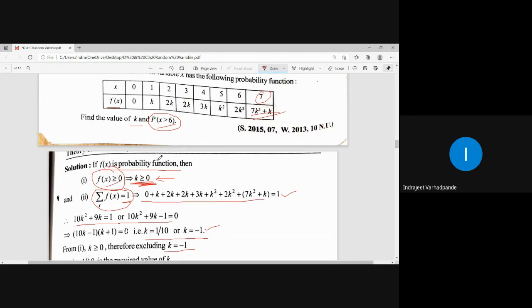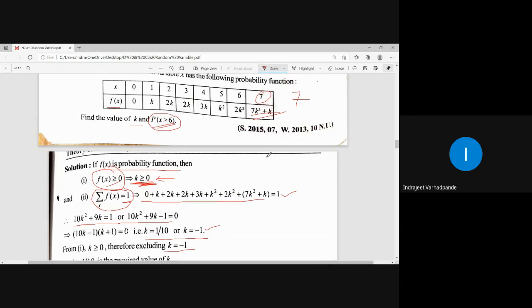Find the value of k. I have obtained the value of k by using the condition or the axiom that summation of f of x over x is equal to 1. From that we will be neglecting the negative because probability function is always greater than or equal to 0. Now I have to calculate the probability for x greater than 6. What is the value for x greater than 6? It is 7. And what is the corresponding probability function? 7k square plus k.